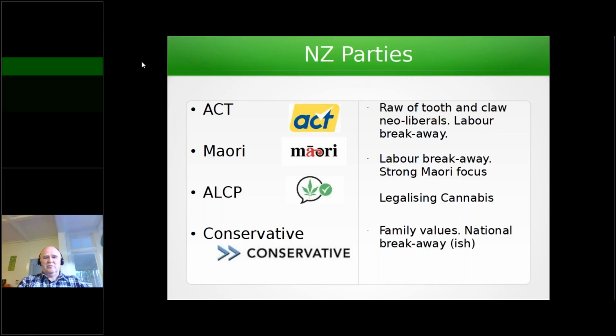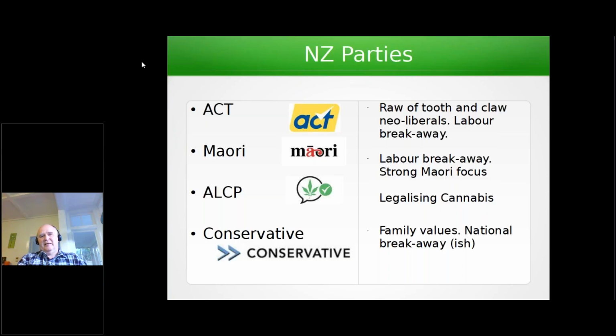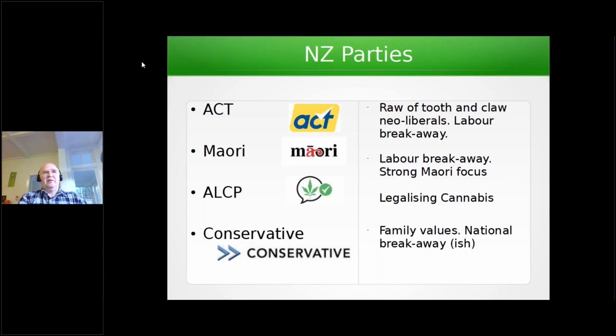The Maori Party was a breakaway from the Labour Party. They broke away when there was a dispute over customary title to the foreshore, like the beaches, the coast, and seabed resources.